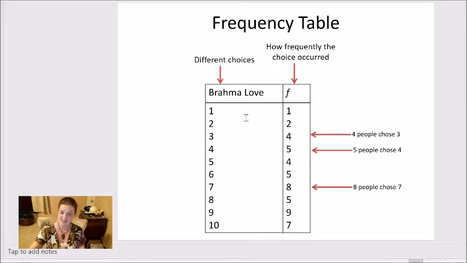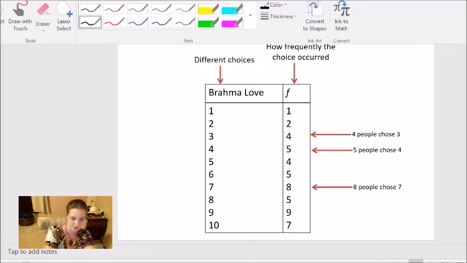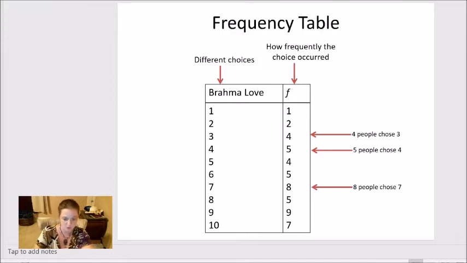This is an example of a frequency table. And so let me walk you through how to interpret this frequency table. So I'm going to get my stylus here. All right. So along the left-hand side of a frequency table, you have all of the possible choices on your variable of interest.